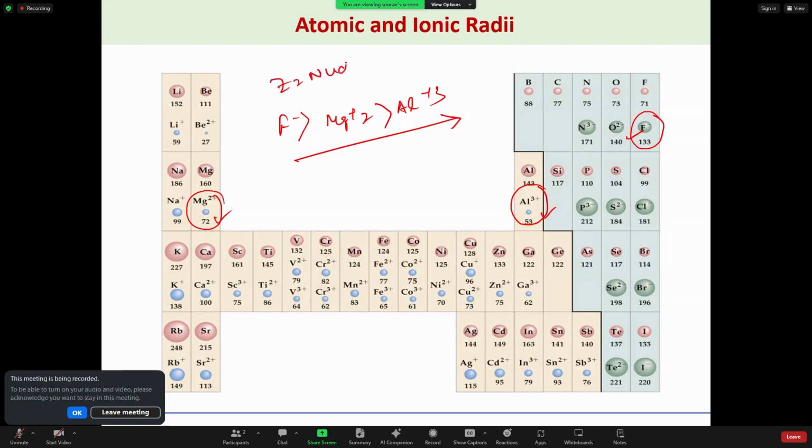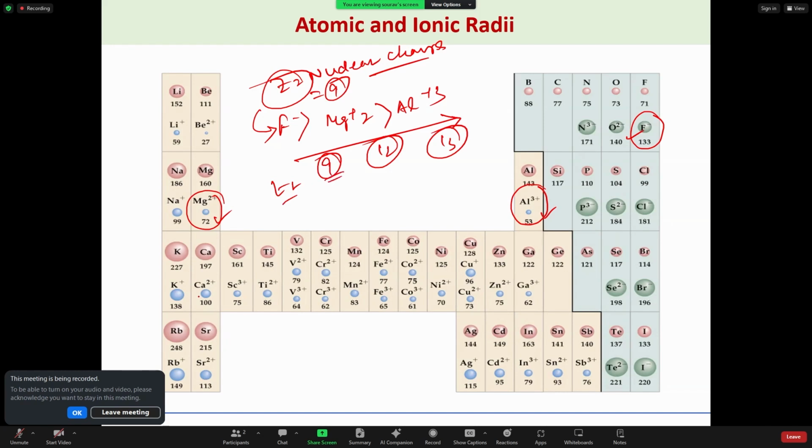For fluorine, the nuclear charge value is 9, for magnesium it will be 12, and for aluminum it will be 13. When the Z value is very less, then the Z star will be very less because the sigma is the same. So the Z star will be 10 actually for that case.